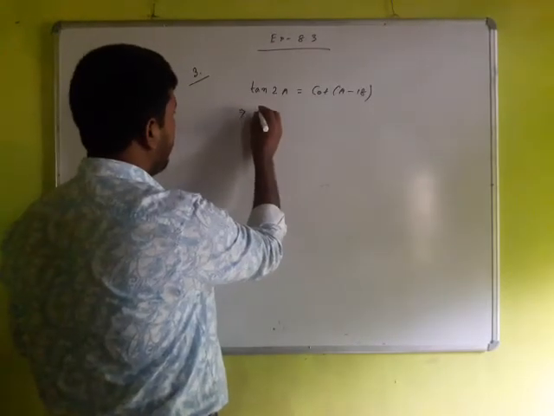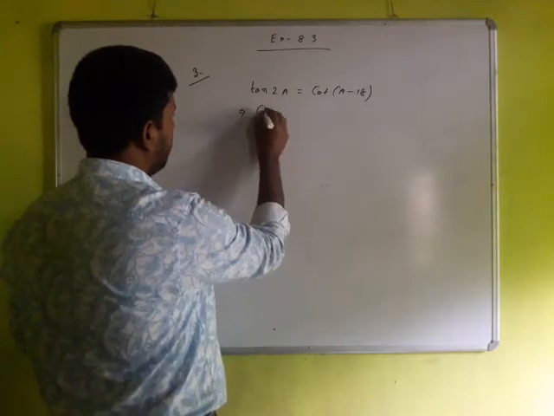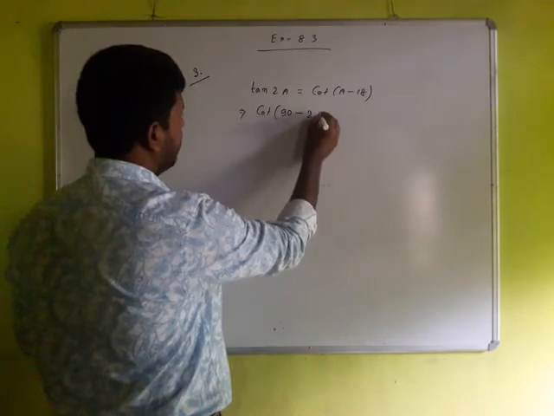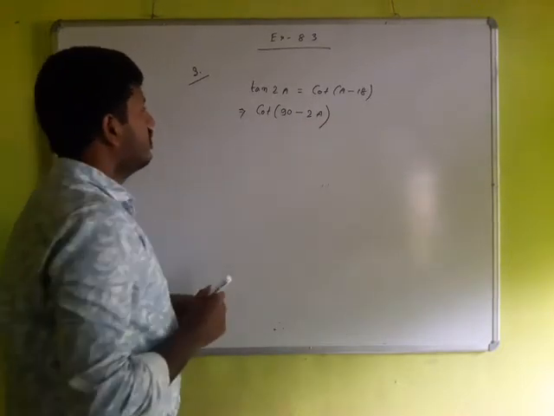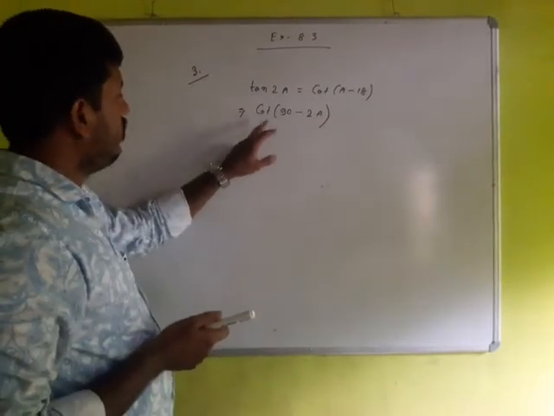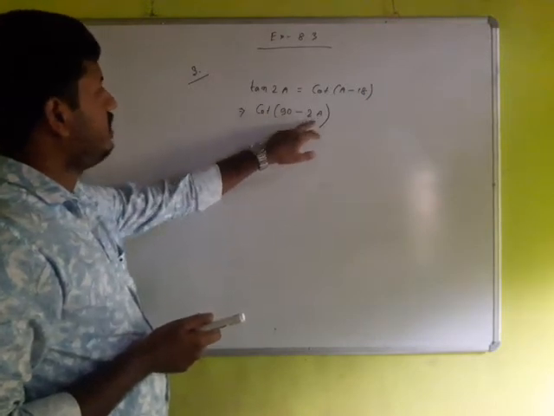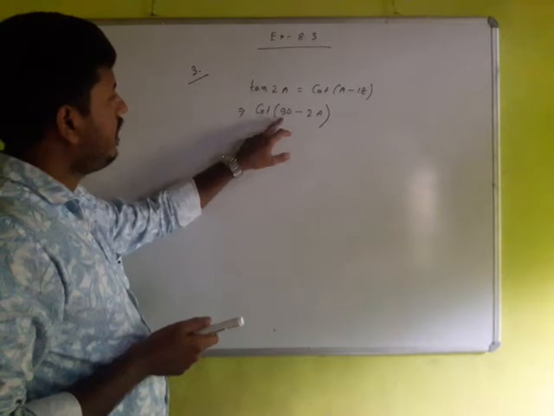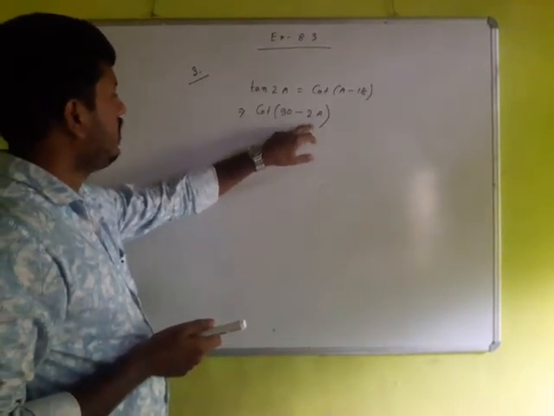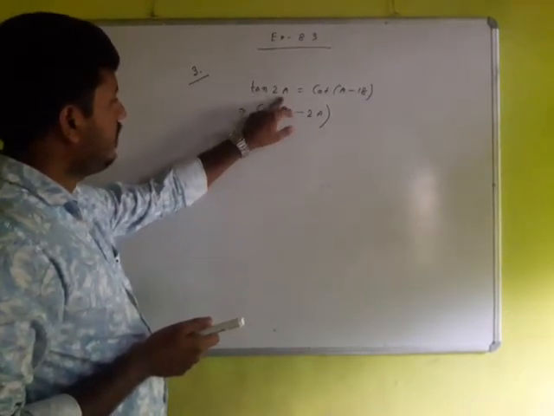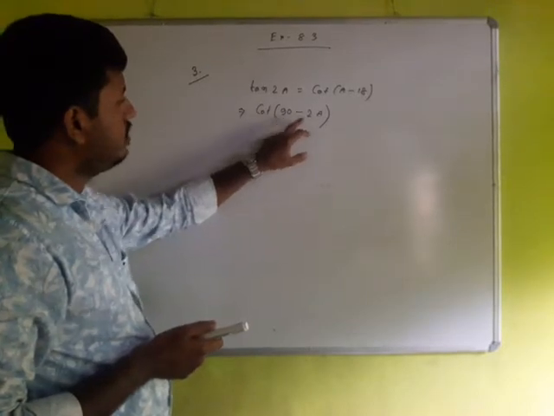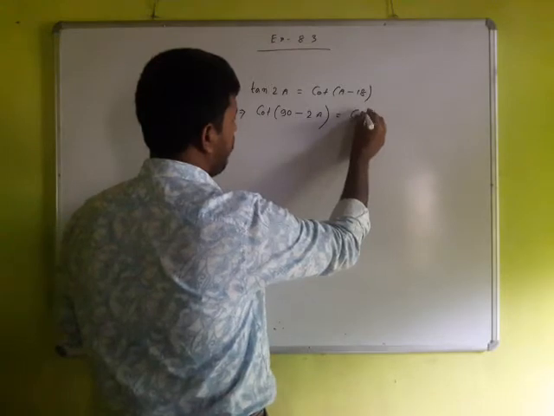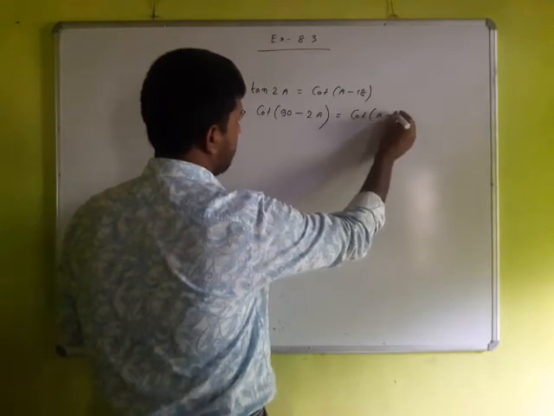That is, tan 2a can be written as cot of 90 minus 2a. We know the formula cot 90 minus theta equals tan theta. In the same way, tan 2a can be written as cot 90 minus 2a, equal to cot a minus 18, which will remain the same.